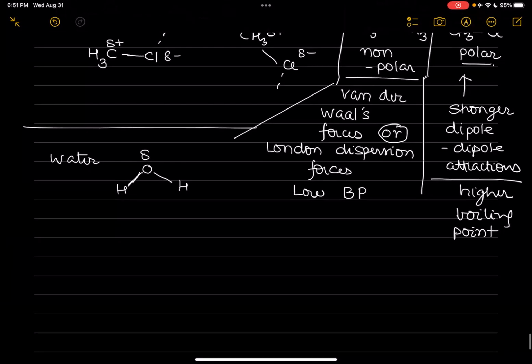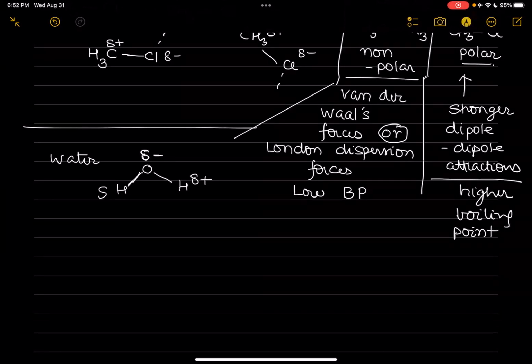So oxygen will pull the electron from hydrogen. The electron pair will not be in the middle, it will be towards oxygen. So oxygen has more negative charge density. I'm writing partial delta, indicating partial negative charge on oxygen, and H plus.